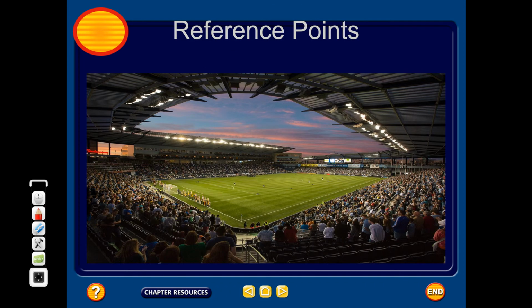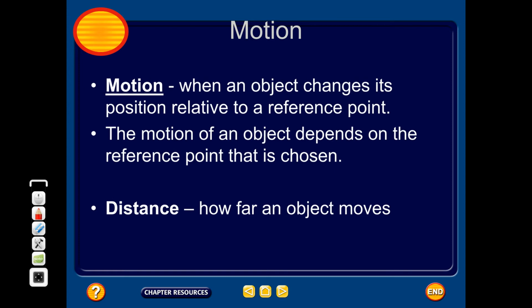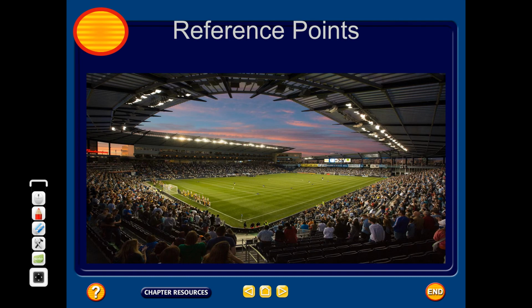So I have this picture here, basically of a big soccer stadium. The idea here is, depending on where you're sitting, you're going to have a different point of view of that particular motion. People sitting on this side would perceive people running to the right down the field that way, while on this side, people are running to the left.